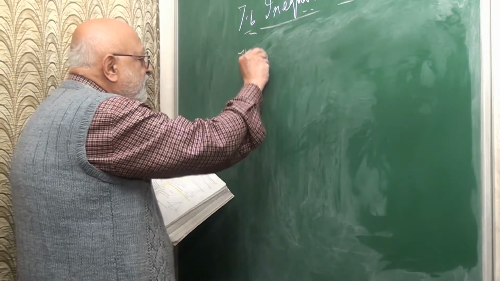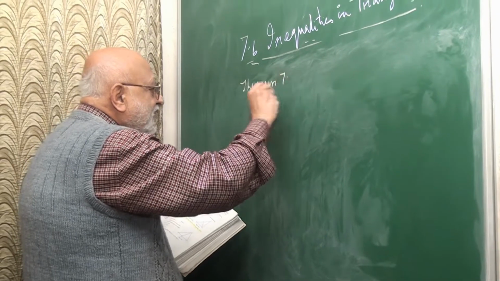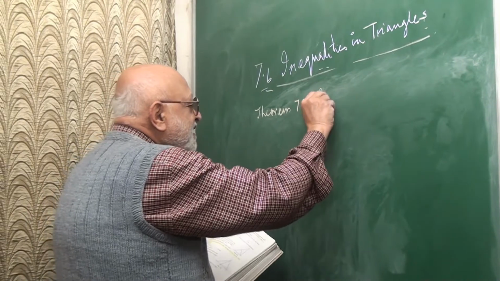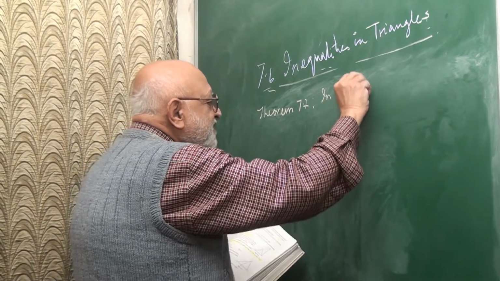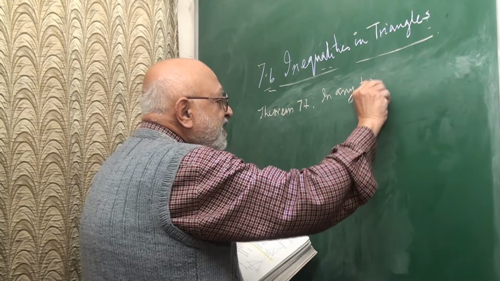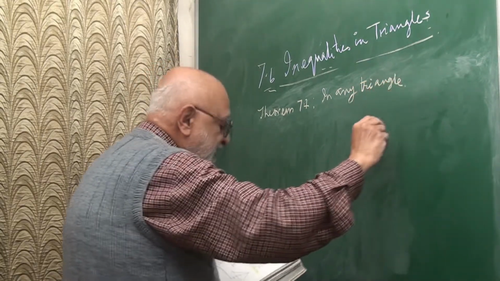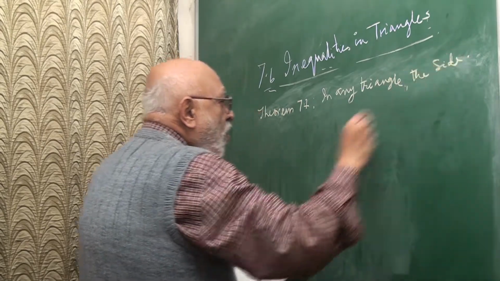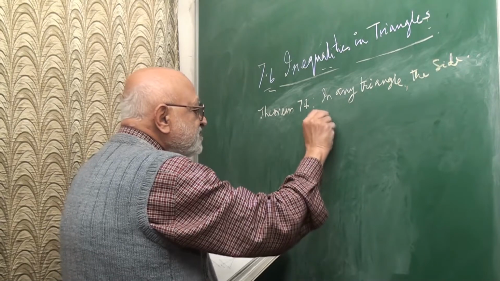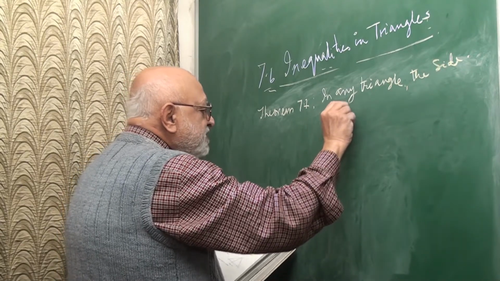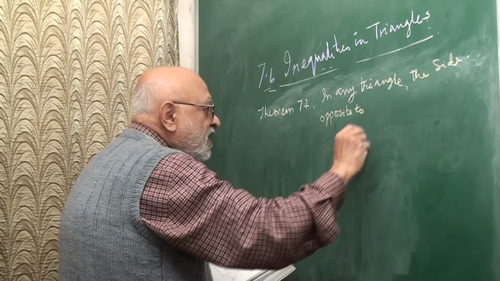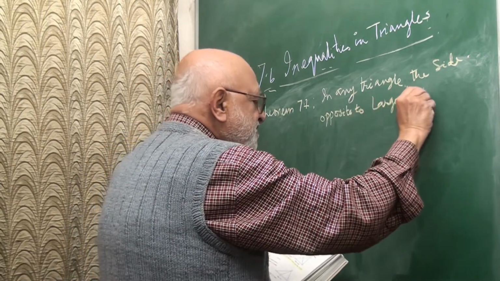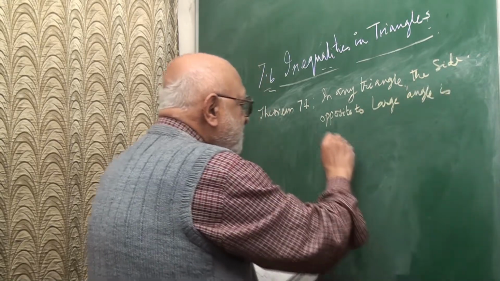Now this would be theorem 7.7, and it says: in any triangle, the side opposite to the larger angle is longer.